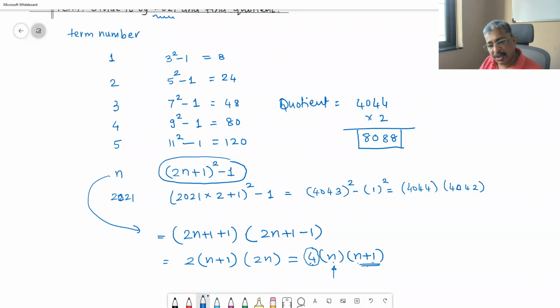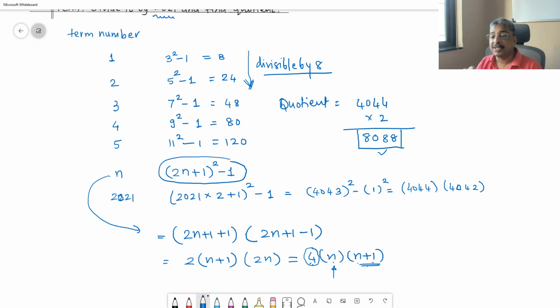And if n is odd, then the second bracket will contribute 2 to this, and therefore the sequence of these numbers is divisible by 8.